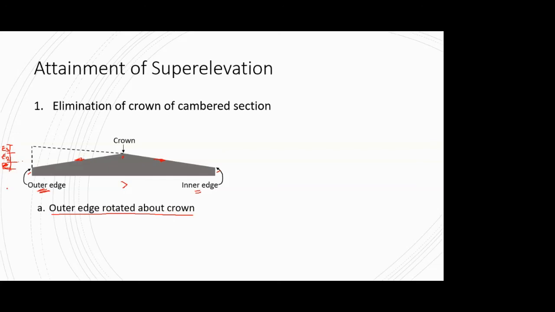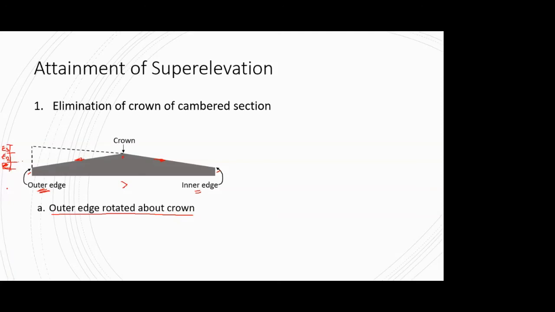rate of superelevation is nothing but, as we are traveling on a horizontal curve, we are traveling some length or some distance. So after traveling some horizontal distance, how much is the raising of the outer edge? That is nothing but the rate of superelevation.